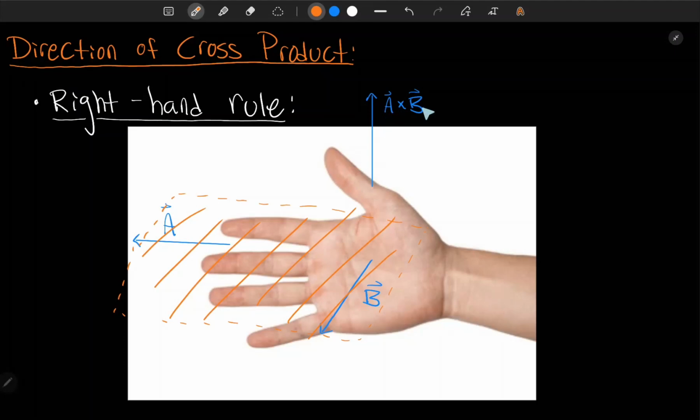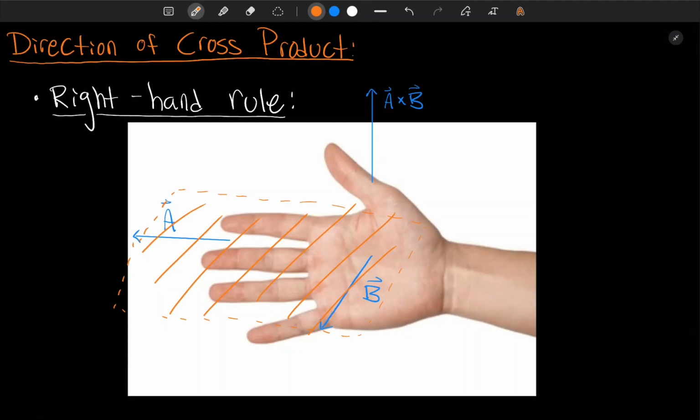Then A cross B points in a perpendicular direction to the table. So it can either point up away from the table or down towards the table. Here, because of the directions of A and B, the cross product points up. So this cross product sits on the table and it's perpendicular, at a right angle to the table, and it points directly upwards. So that's how you would find the direction of the cross product of two vectors.